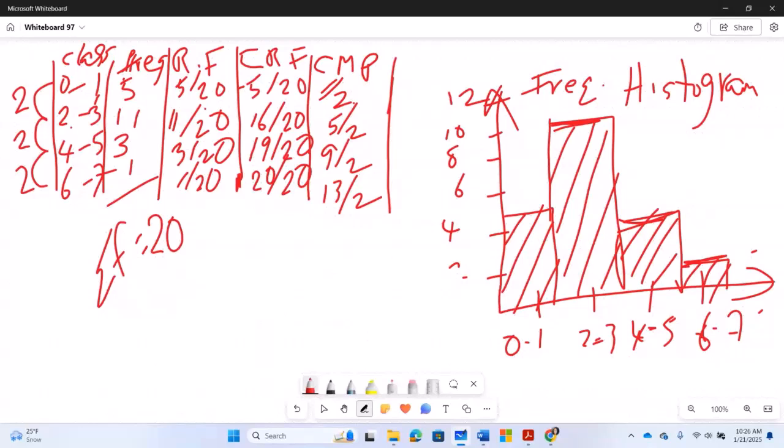So here I had 2, so 2 out of 20, 4 out of 20, because it's relative frequency this time. So I'm changing the y-axis to relative frequency. So remember I said, what if I am told to draw a relative frequency histogram? So that becomes a relative frequency histogram.